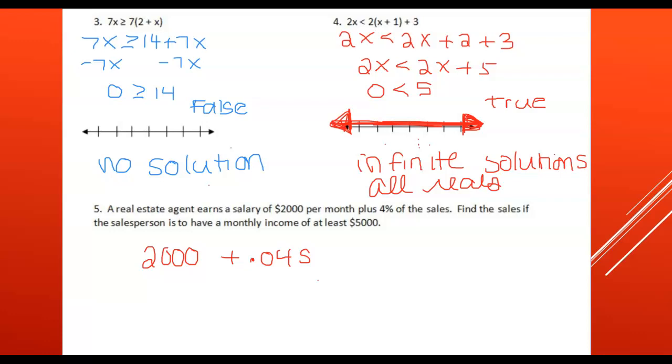It says for the sales, if the salesperson is to have a monthly income of at least $5,000. So I know the $5,000 is going to be over here. What I need to figure out is, am I picking the greater than symbol or the less than?